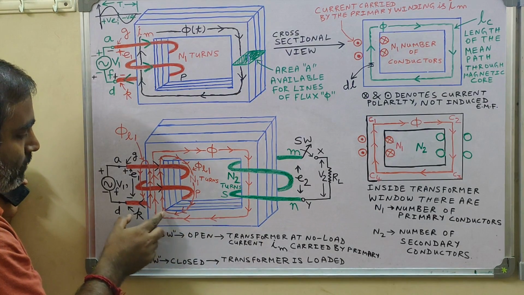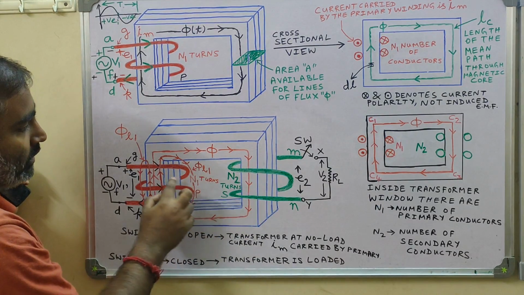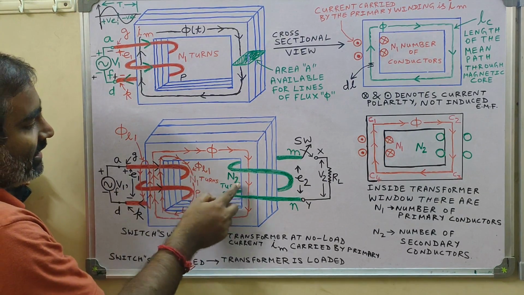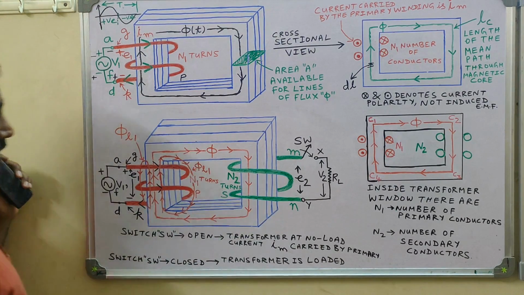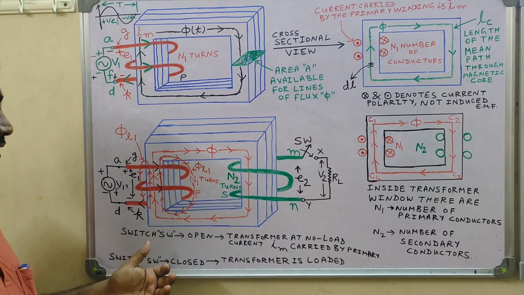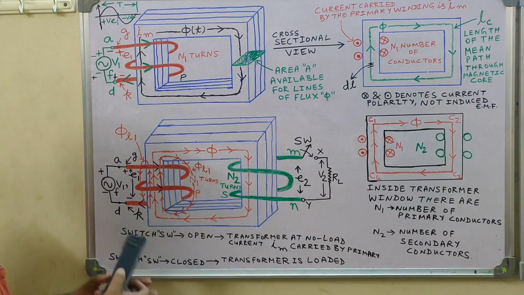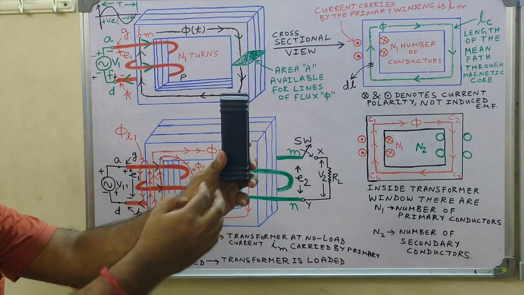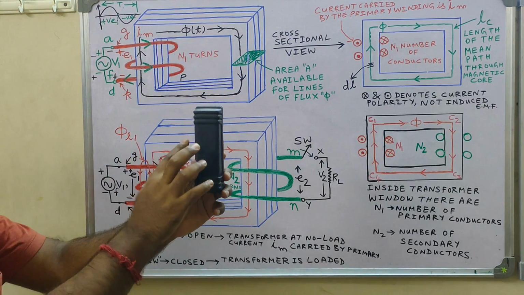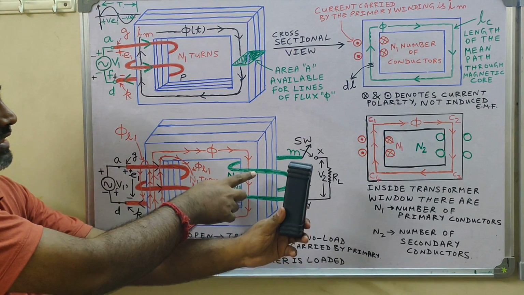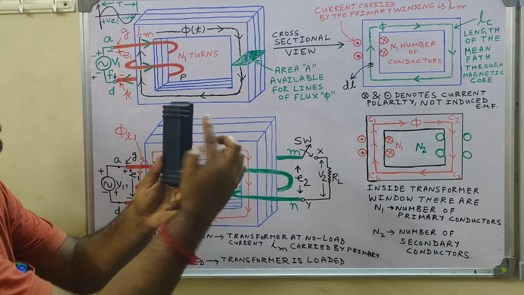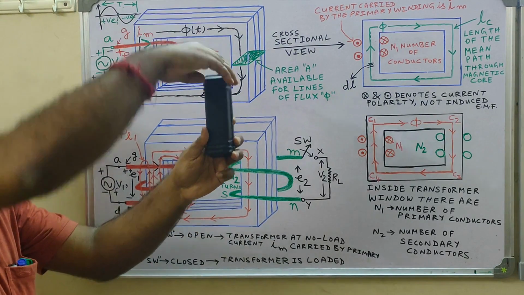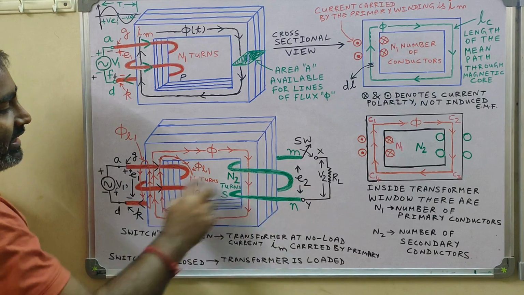So whatever flux is passing through these limbs is actually linking this coil P, that is the primary coil P, as well as the secondary coil S, because both the windings, that is primary winding and secondary winding, are placed around this limb. So whatever lines of flux pass through this limb will link both the primary coil as well as the secondary coil, because the coils are wound around this limb.